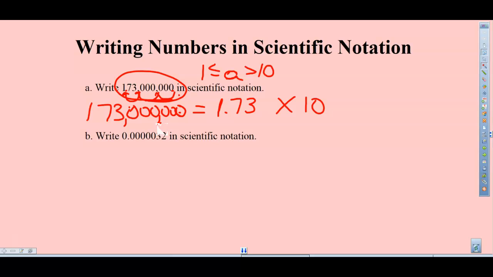We would multiply it by a greater power of 10, a positive power of 10. If we understand our powers of 10, all we have to do is count how many decimal places it moved, because whenever we multiply or divide by powers of 10, our decimal will just shift over. In this example, to get 1 and 73 hundredths, our decimal moved 8 spots. So we're multiplying that value by 10 to the power of 8.